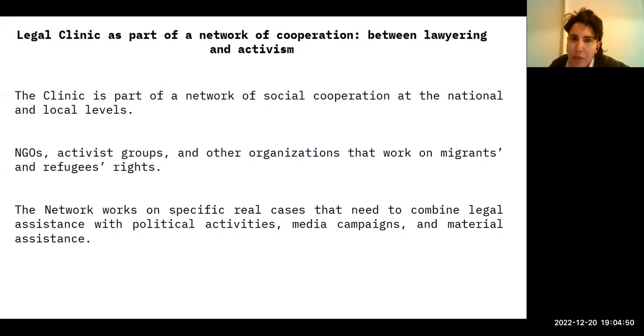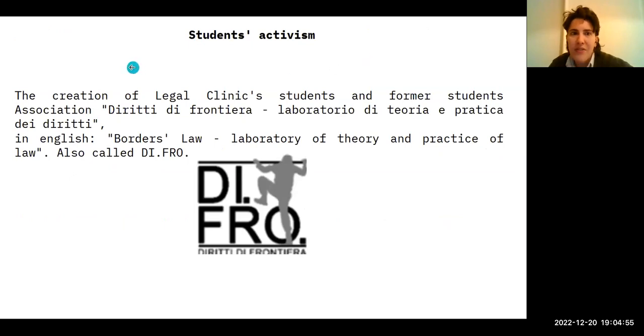But probably, and this is the core of the presentation, the most important thing is that in 2013-14, we decided to found a different association, a student association outside the university, outside the academic context. Students and former students of the clinic founded Diritti di Frontiera. In English it is Borders Law Association.